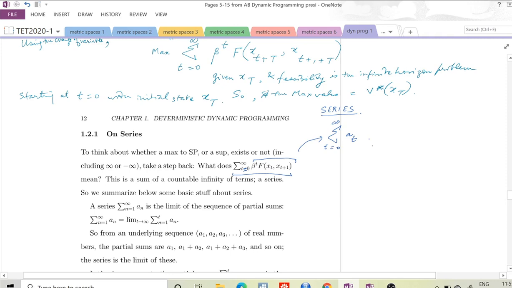Now, I'm going to make a change of notation which is completely inconsequential. The change of notation is partly to help you if you look at treatments of series in analysis books.